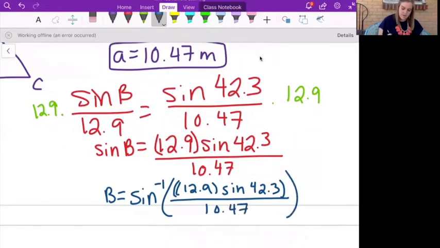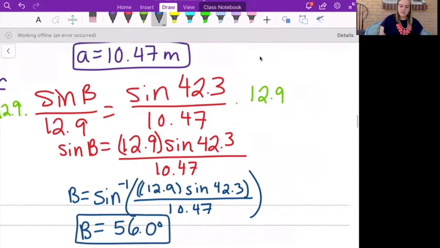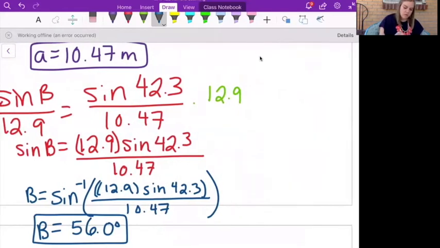So we would type all of that into our calculator and we get that B is equal to 56.0. So we have that B is equal to 56.0. A was 42.3.